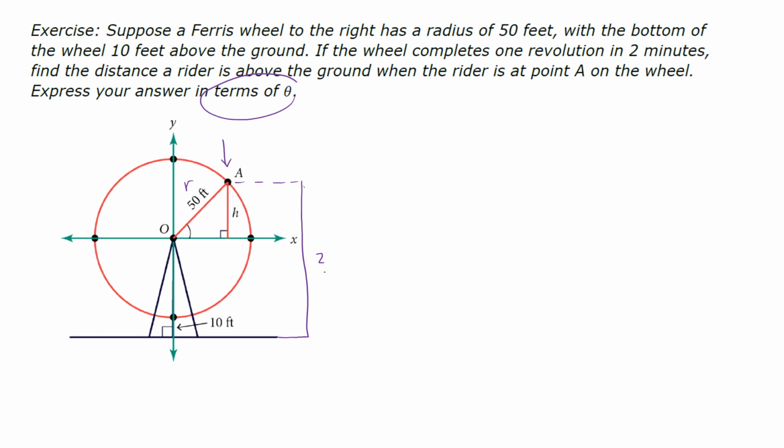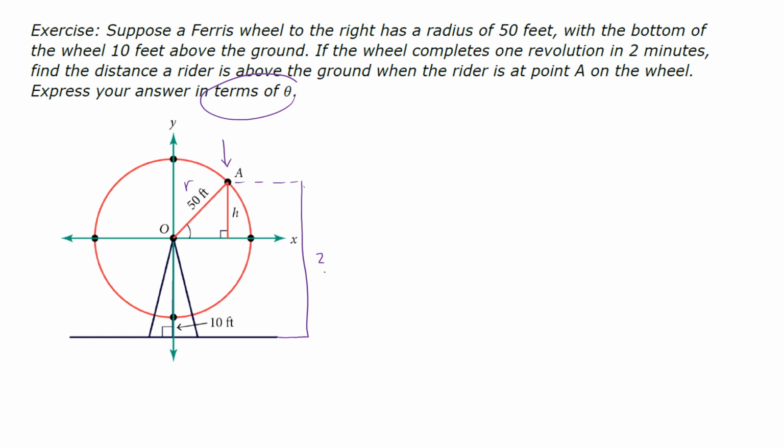Okay, so now that we have all our information and we understand the problem, we need to figure out how we're going to find the height of point A from the ground. I know that this long height that I drew here in purple is going to be the total of many small heights. So let's see if we can figure out what small heights we need to find.